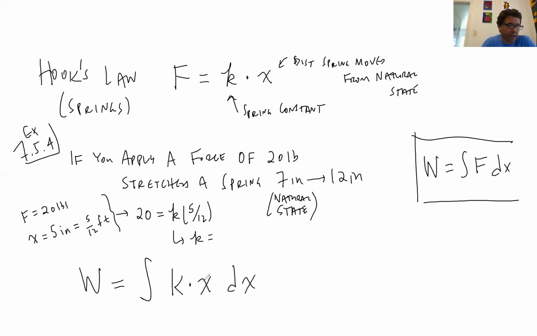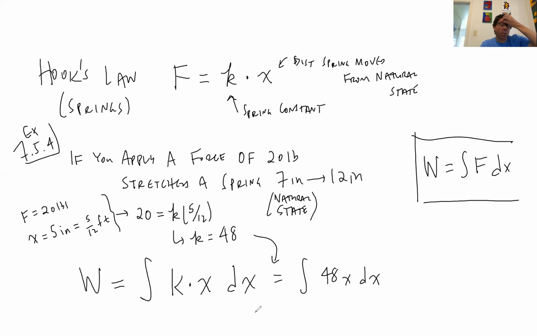Just multiply by 12 and divide by 5, and we end up getting 48. If you wanted units, that's pounds per foot. So that's 48x. That's my k.